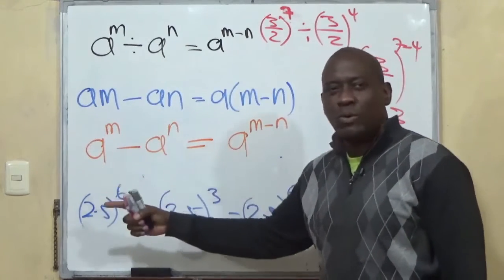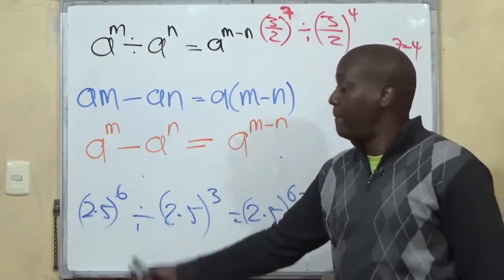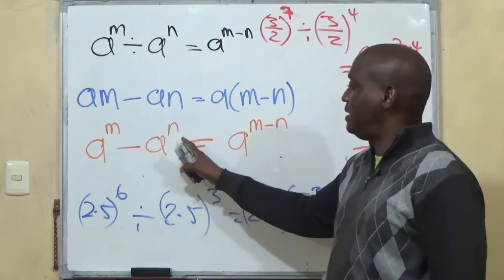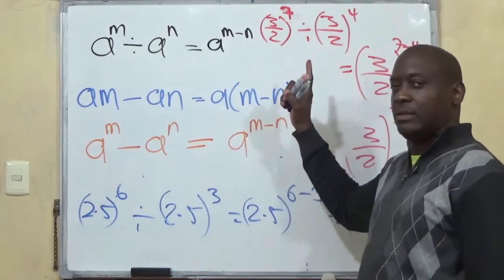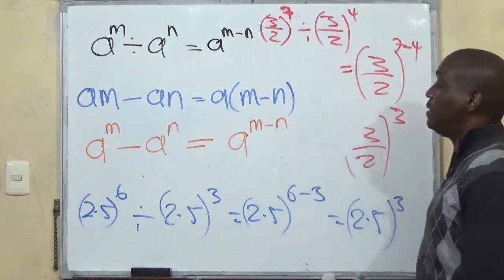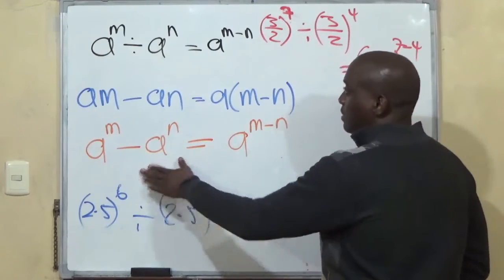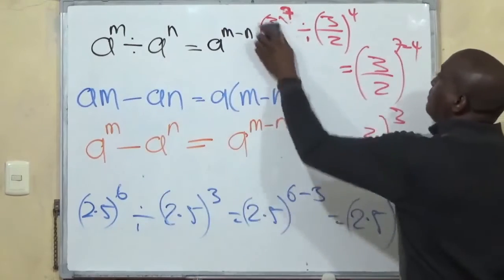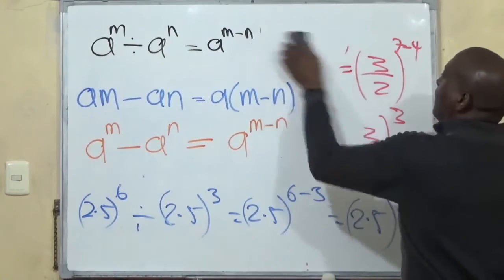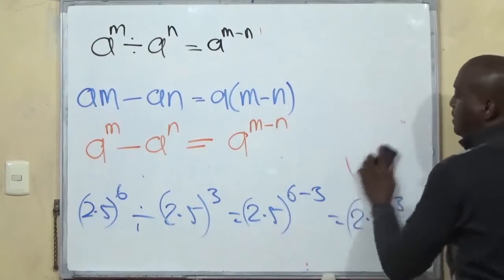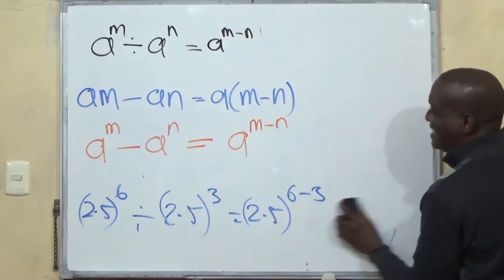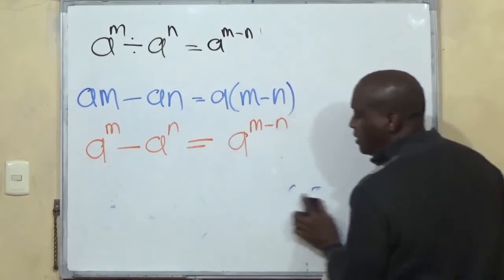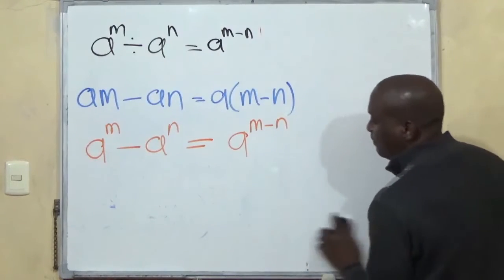A to the power of m minus a to the power of n is not a to the power of m minus n. Do not confuse this with this. This rule here in black can be used only and only when the operation involved is division, not subtraction.